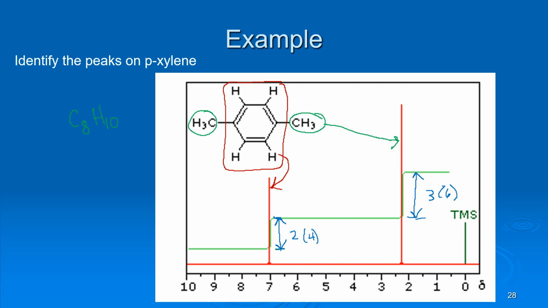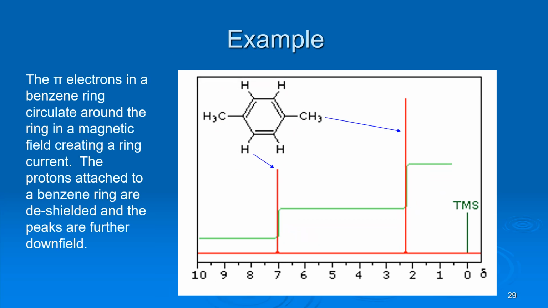And like I said, sometimes you might see the 2 written there and the 3 written there. But keep in mind that those are ratios and not necessarily whole numbers. So in this case, because there's 10 hydrogens, you've got 4 and 6. So those are just some things to keep in mind. All right, so this again is just talking about what I just said.